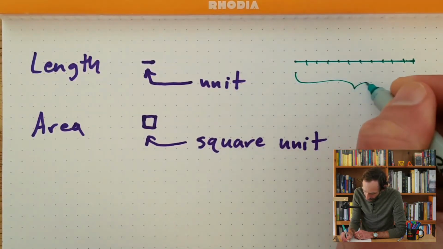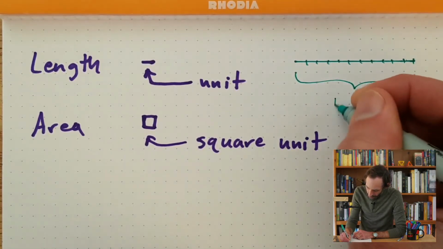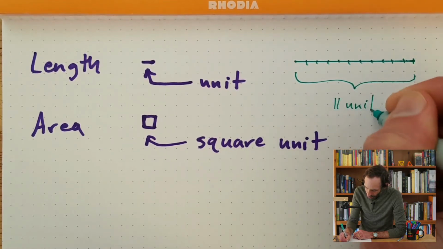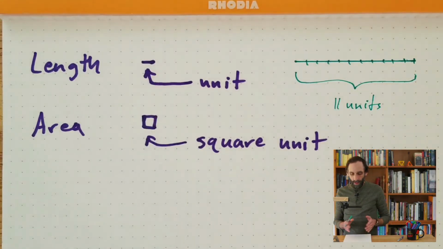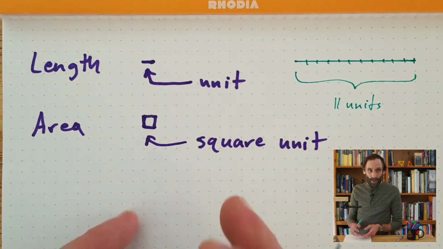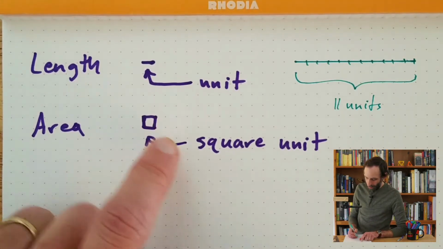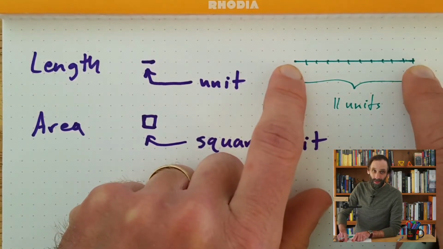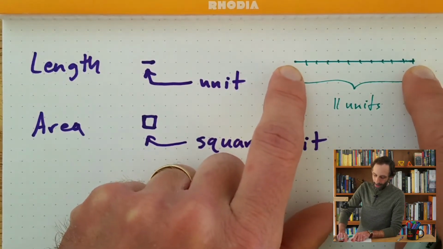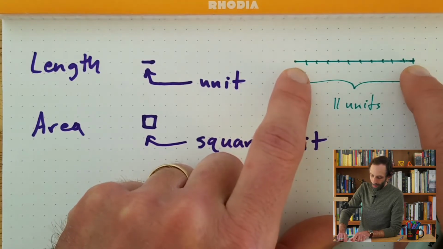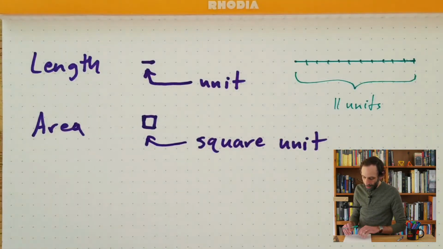So I can just count and see that, okay, this line here is 11 units long. But with area, of course, I need to count the number of square units, right? Because technically this line has an area of 0. If it's one-dimensional, it has no area at all. It just has a length.